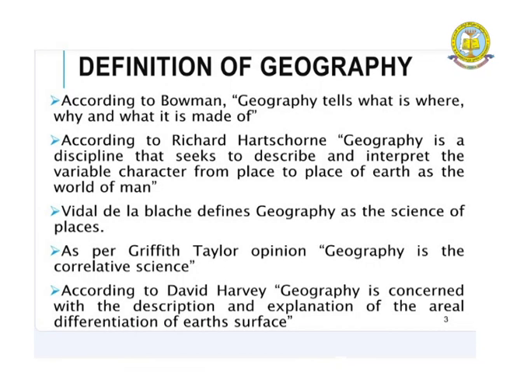According to Bowman, geography tells what is where and why and what it is made of. According to Richard Hartshorne, geography is a discipline that seeks to describe and interpret the variable character from place to place of the earth as a world of man. So that's how different scholars have defined geography.